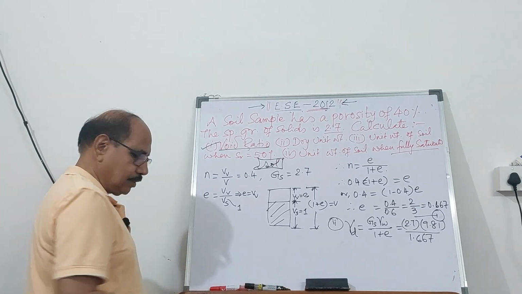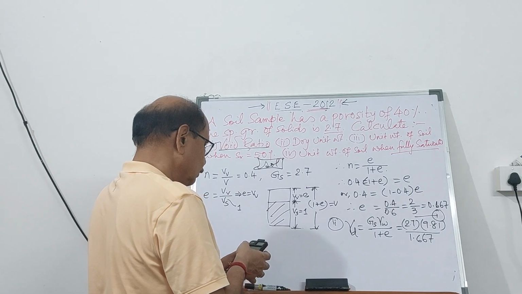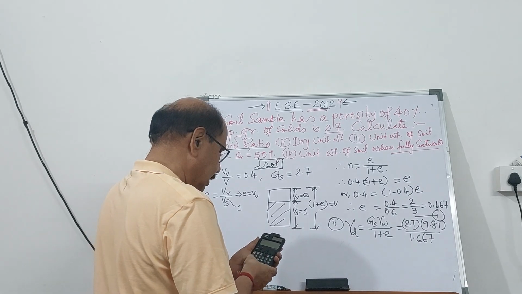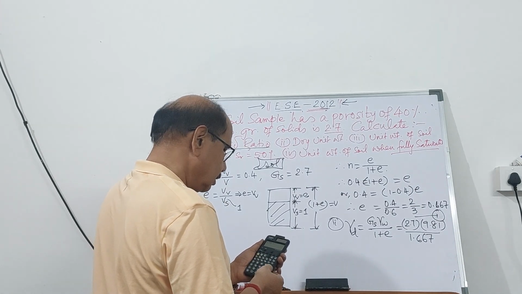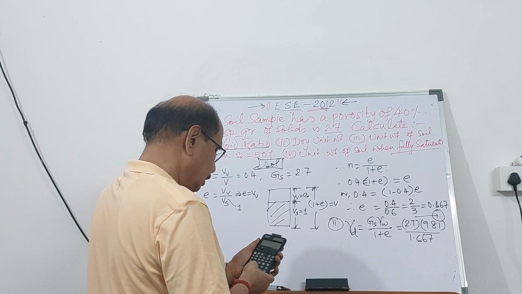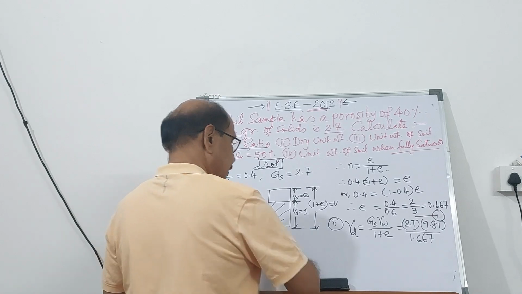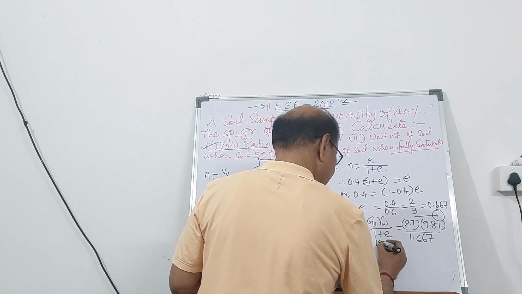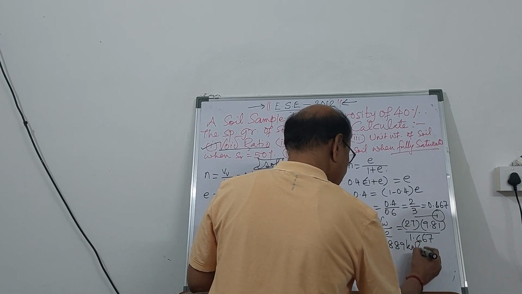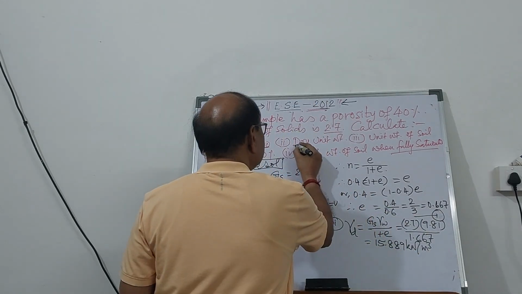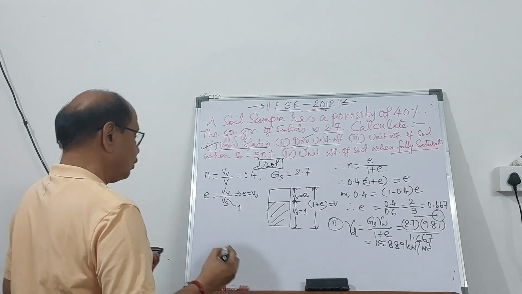If you calculate, gamma D will be 2.7 into 9.81 divided by 1.667, 15.889 kilonewton per cubic meter. So dry unit weight is known to you, right?